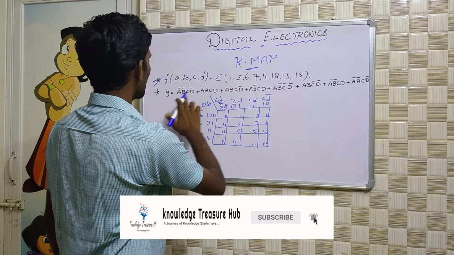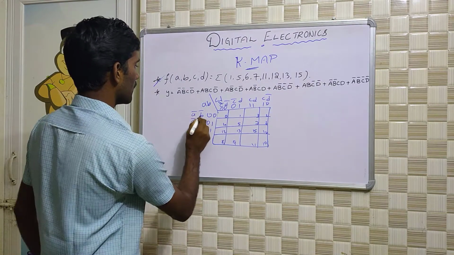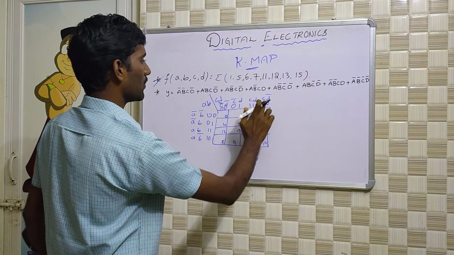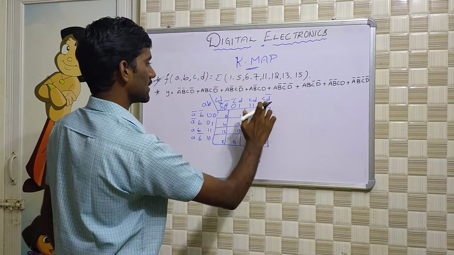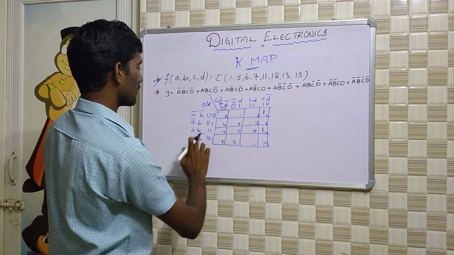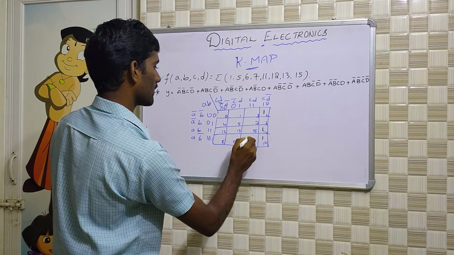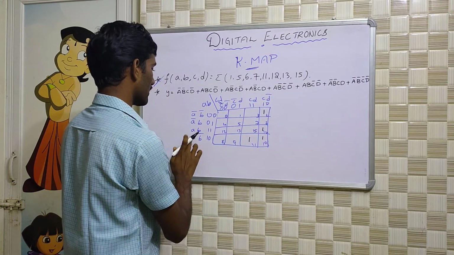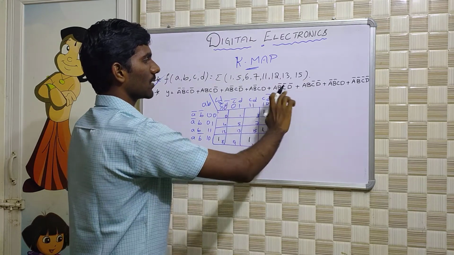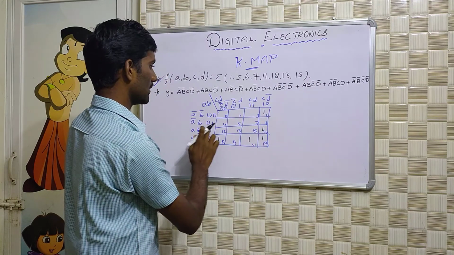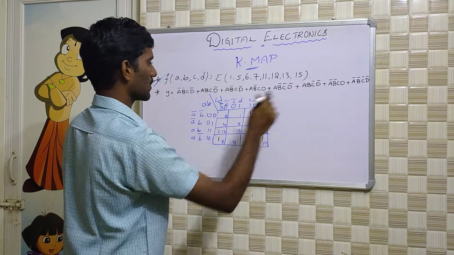Now we need to put the ones for the terms: A bar B bar C D bar, A B C D bar, A B bar C D bar, A B bar C D, A B bar C bar D bar, A B C bar D bar, and A bar B bar C bar D bar.